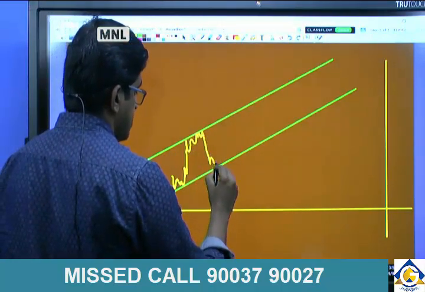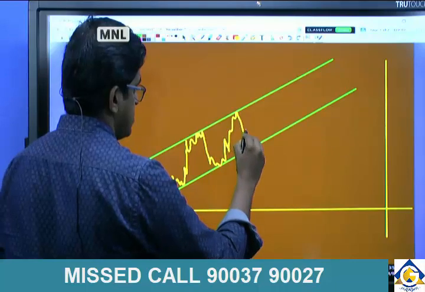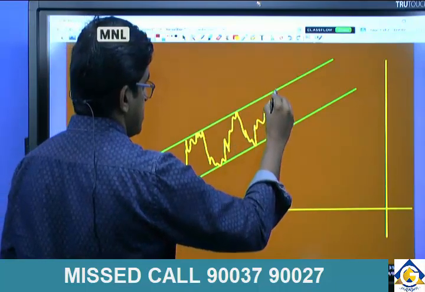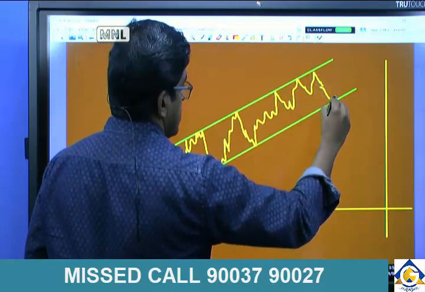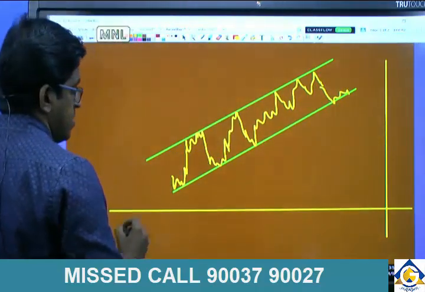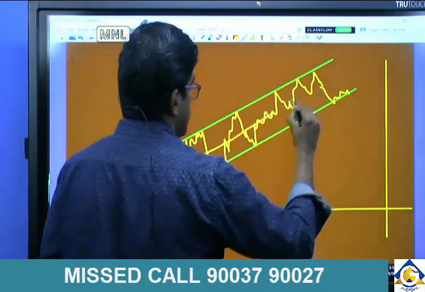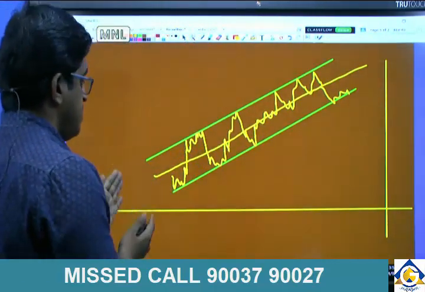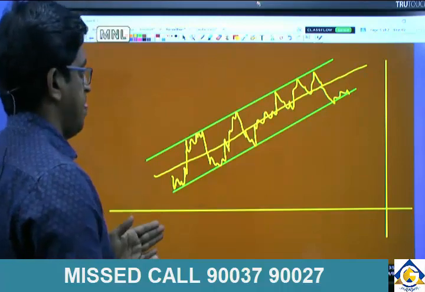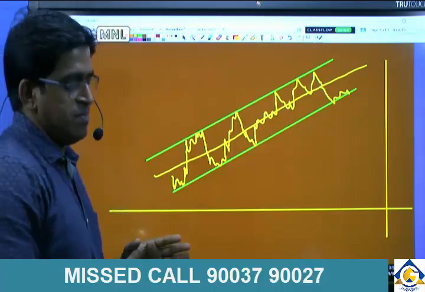It goes and hits; we call this a trend channel. Sometimes it trades here, it follows a channel. Normally a trend channel will have a midline. These are the basic available tools, available in any trading platform.